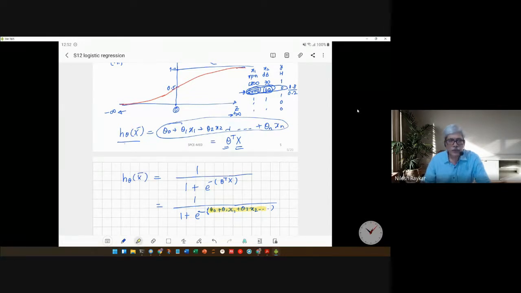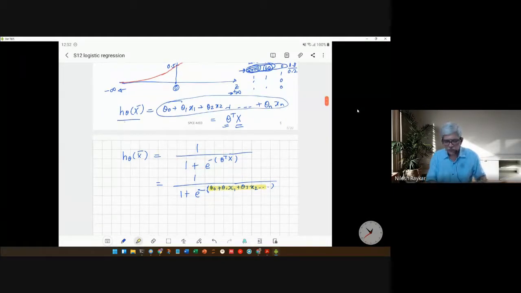As a combination of model parameters and the features of the problem, we use the same form as in linear regression. So that is why this method is called logistic regression.